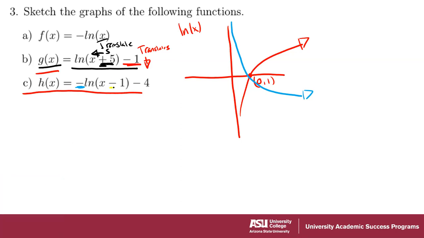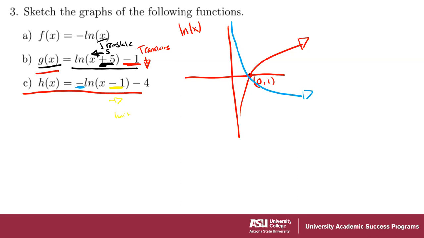a -1. So whatever's happening to our function, we're shifting it. And so for a minus, are we going left or right with this translation? Yeah, so with the minus sign, we're going right 1 unit.